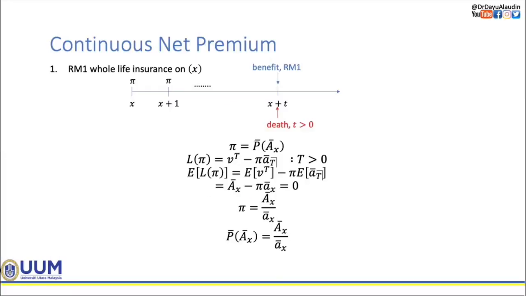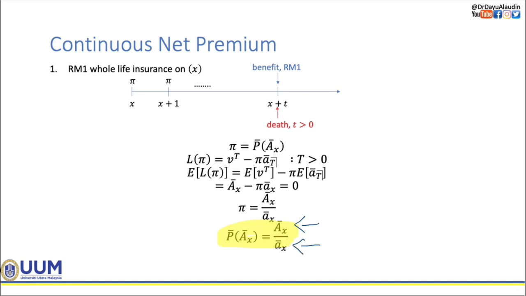Now we go to continuous net premium. Continuous net premiums also use the basic formula for premium, where insurance is divided by annuity. So for continuous, we use continuous insurance and also continuous annuity.